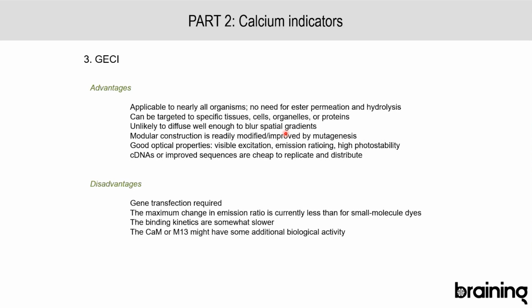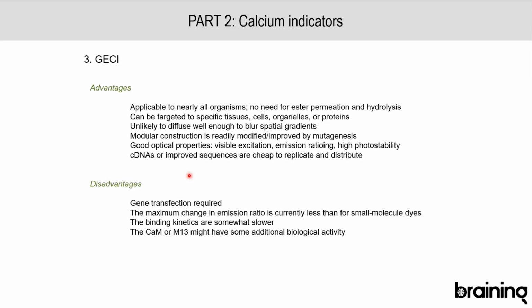So we can target neurons with this type of calcium indicators, or we can target glial cells with these calcium indicators. Unlikely to diffuse well enough to blur spatial gradients. Good optical properties: visible excitation, emission ratioing, high photostability. They are cheap. The DNAs and improved sequences usually are cheap to replicate and distribute.